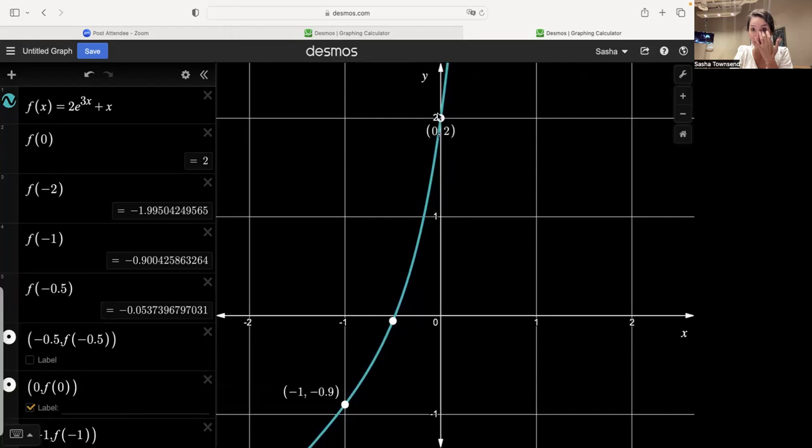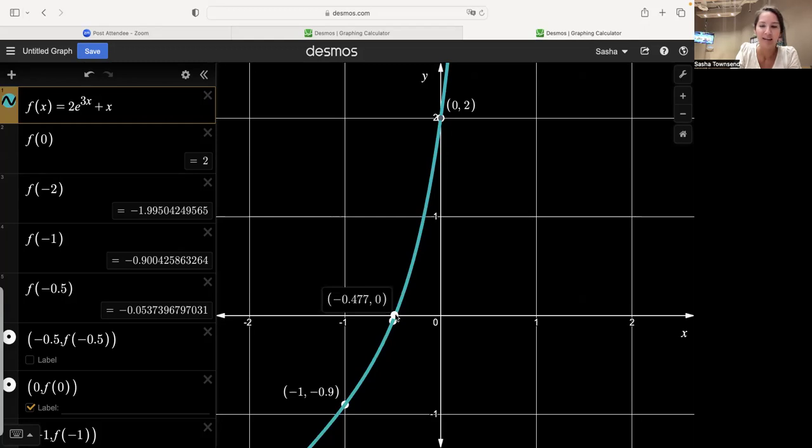We know the y value over here is 2. And so we know that our 0 is between x equals negative 0.5 and x equals 0, which is the x value over here. And we can see on the graph that the answer is negative 0.477.